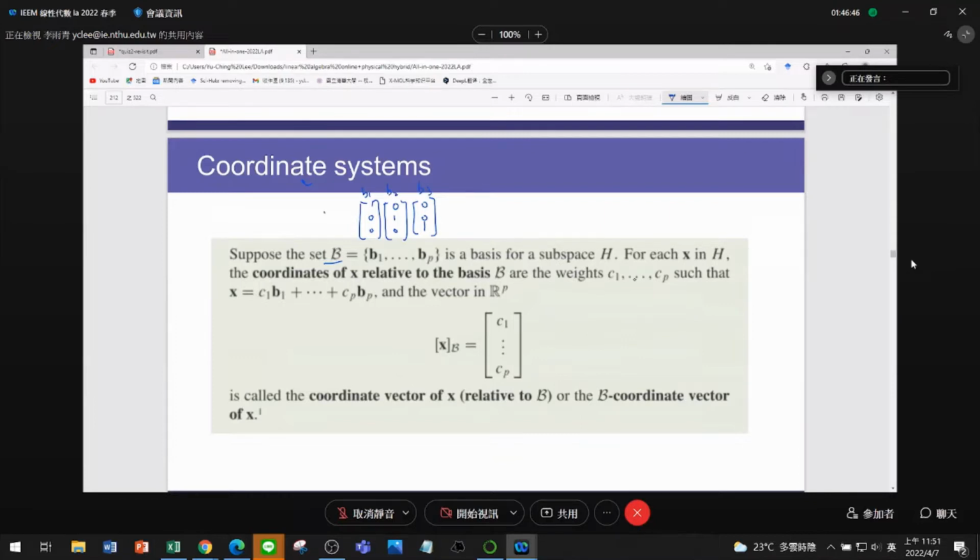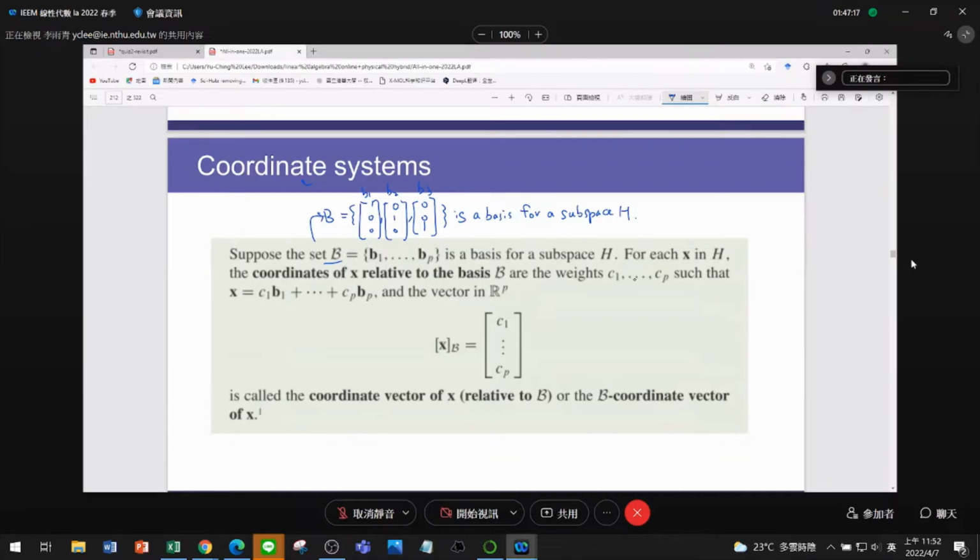And we let the capital B be the collection of these three vectors. And this is a basis for a subspace H. The textbook has an example like this.